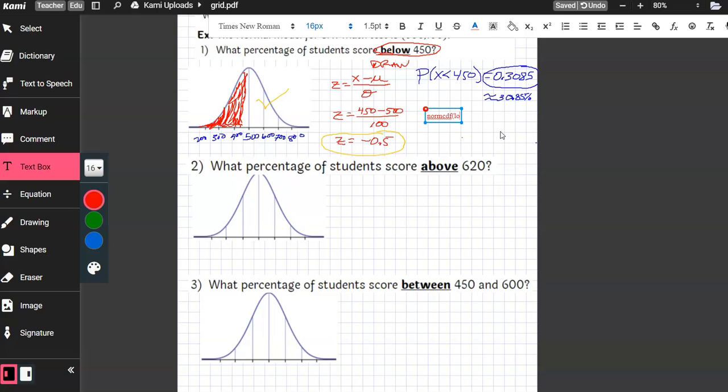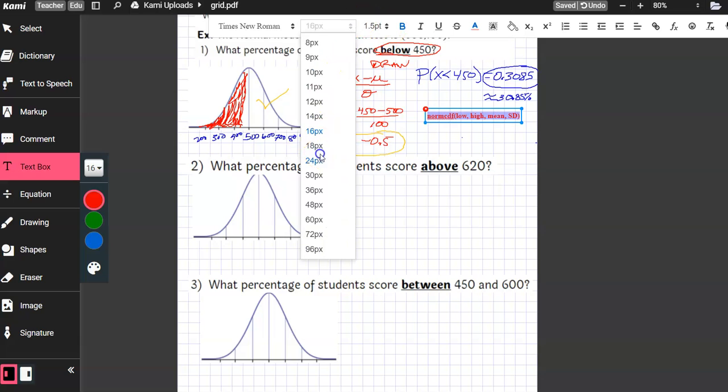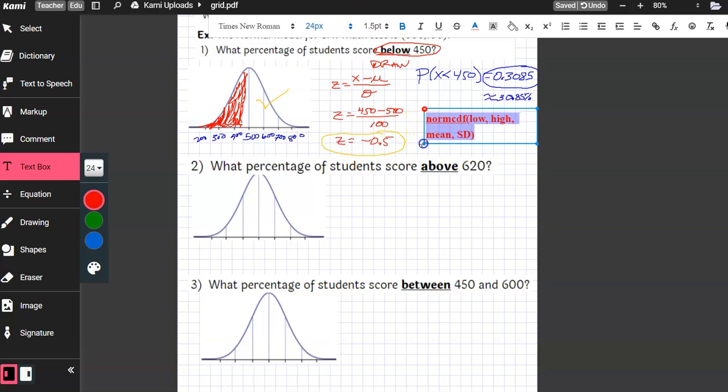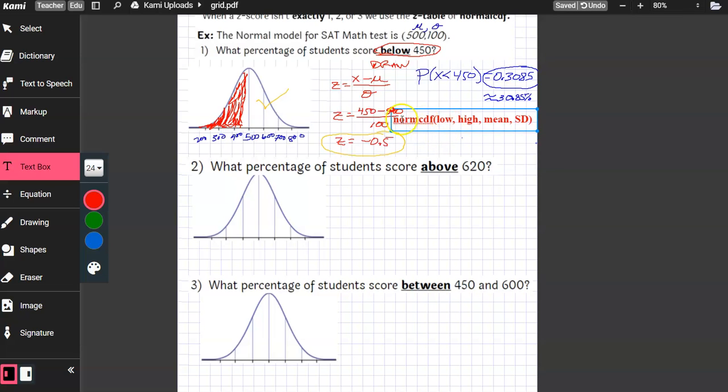You need a low bound, a high bound, the mean, and the standard deviation. So the calculator command is norm CDF and you put in four values.